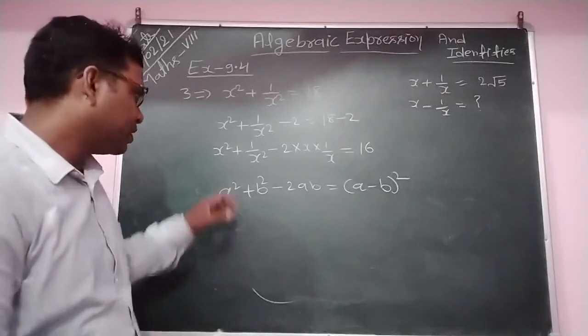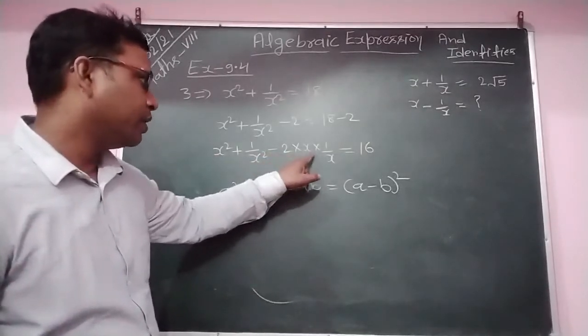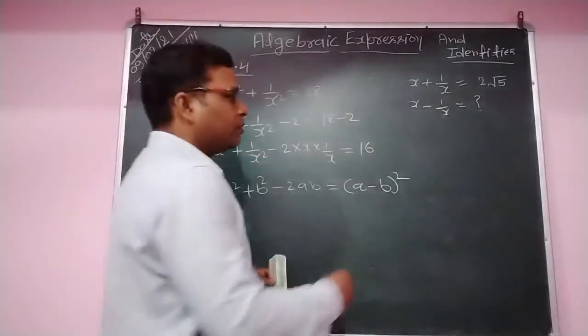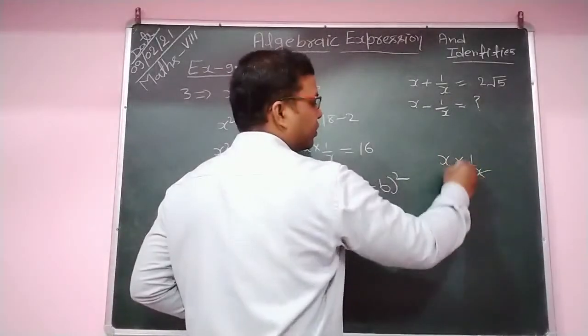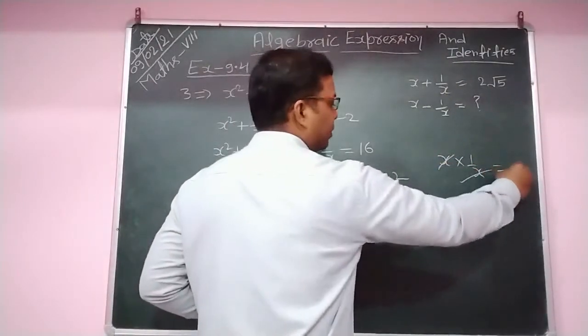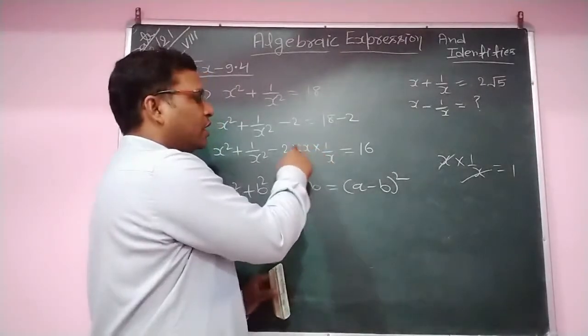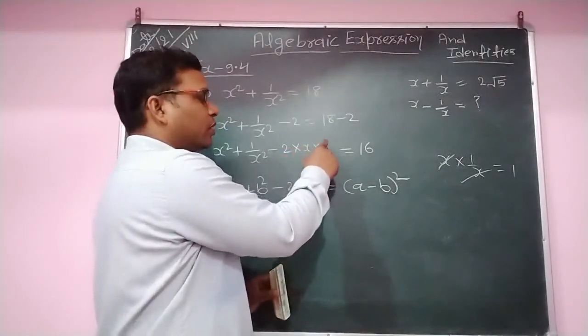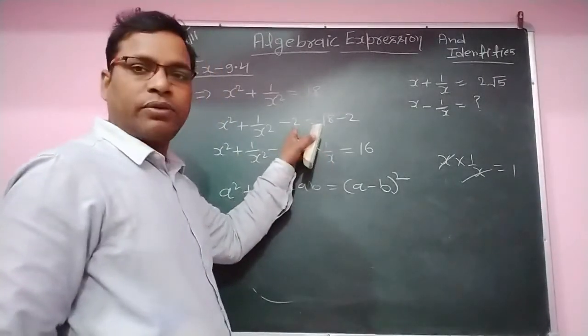Student, here you know very well x into 1 upon x cancels and becomes only 1. Then we get 2 into 1, which is 2, because here you have 2.